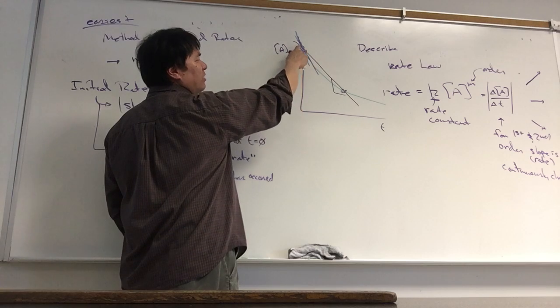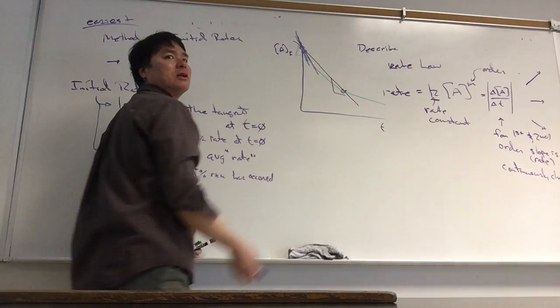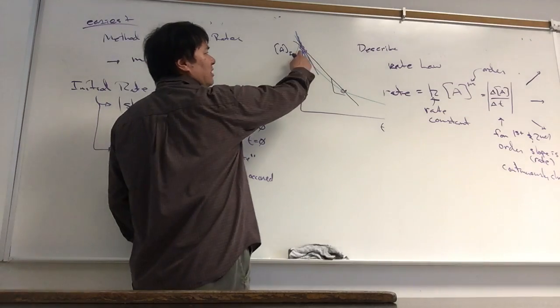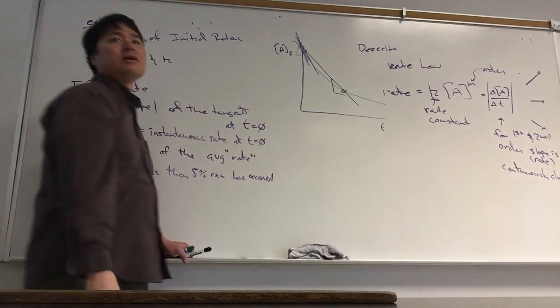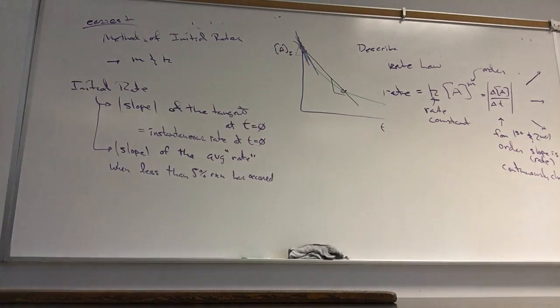Well, what we're going to say is 5% is acceptable. So 5% is going to be a little off, but it's close enough, okay? And anything less than 5% is even better because it's going to be more tightly spaced and closer there. And so what I can do is I can just take a look at the first two data points and see if less than 5% reaction occurred. And so let's take a look at some data here. See if we can figure it out.